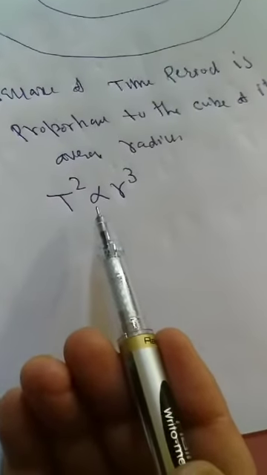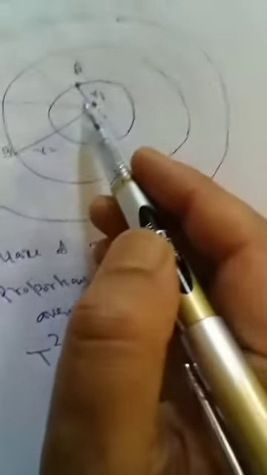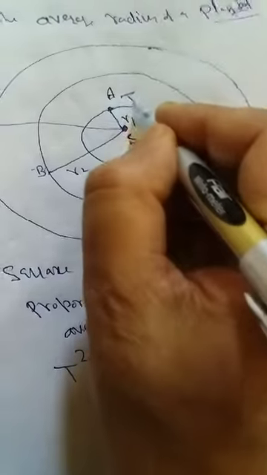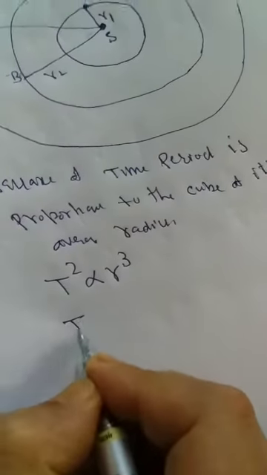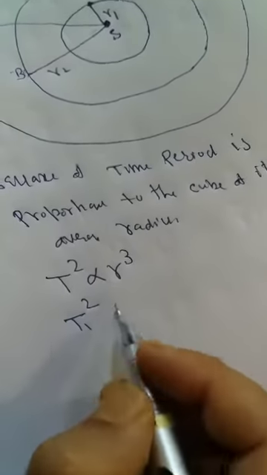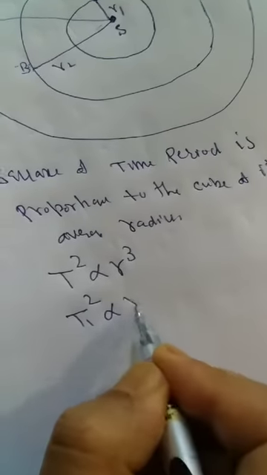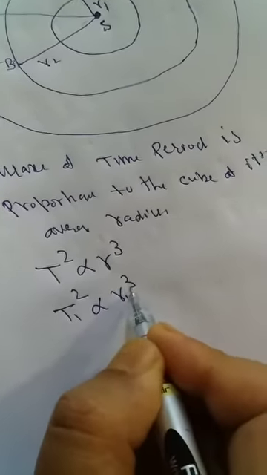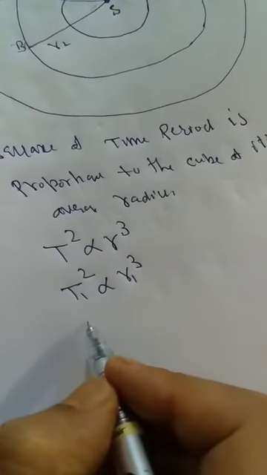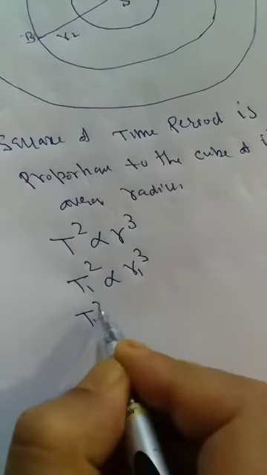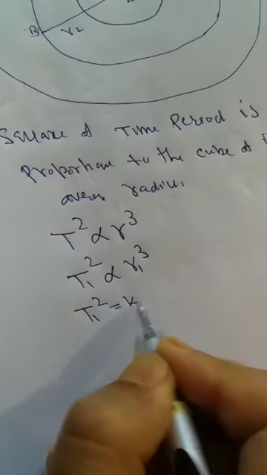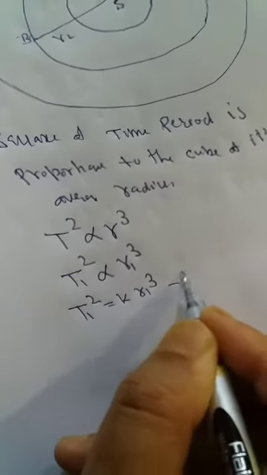It is for one planet. Suppose for this planet its time period is t1 and its radius is r1. That means we can write t1 squared is directly proportional to r1 cubed, or t1 squared is equal to a constant times r1 cubed. This first.